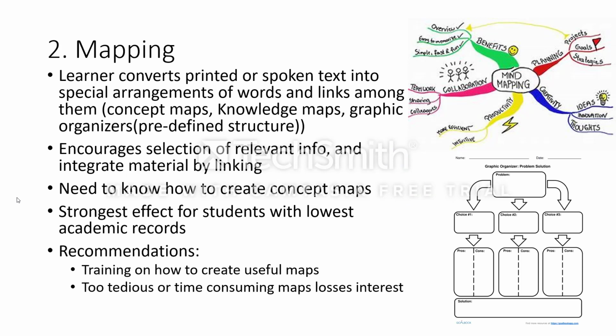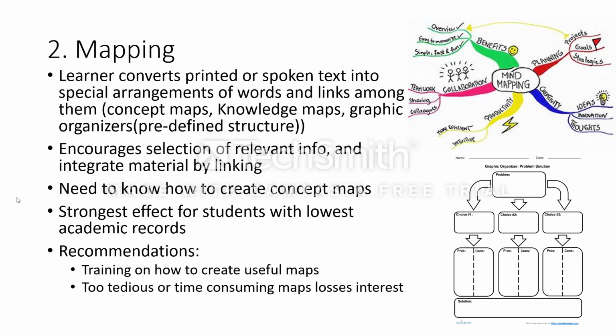The second is mapping. Learners convert printed or spoken text into a spatial arrangement of words and links among them. This includes concept maps, knowledge maps, or graphic organizers. This encourages selection of relevant information and integrating material by linking it to each other.